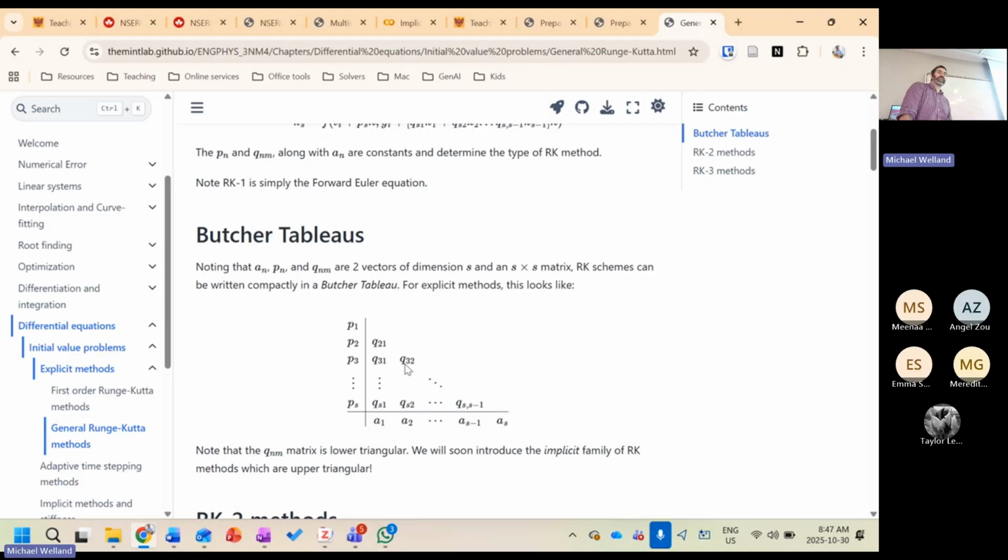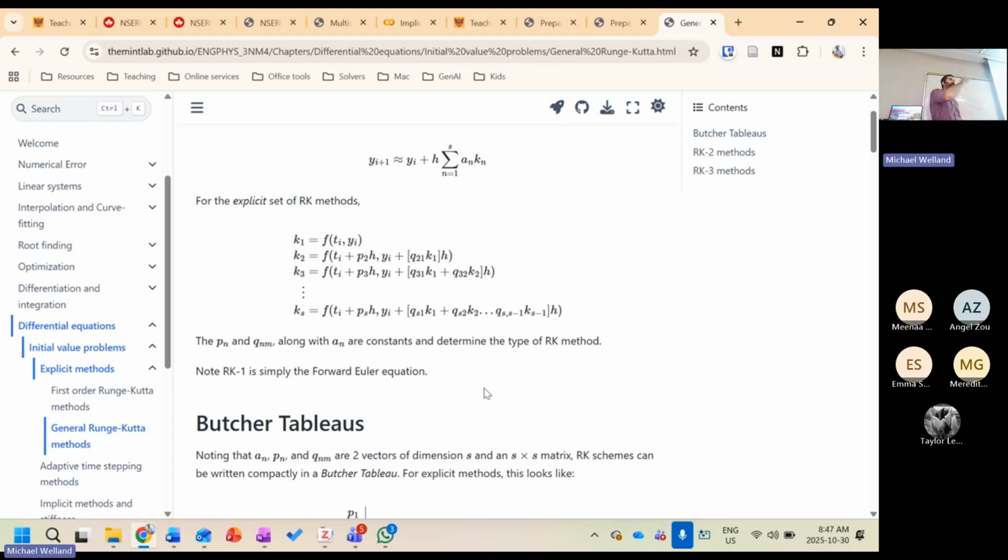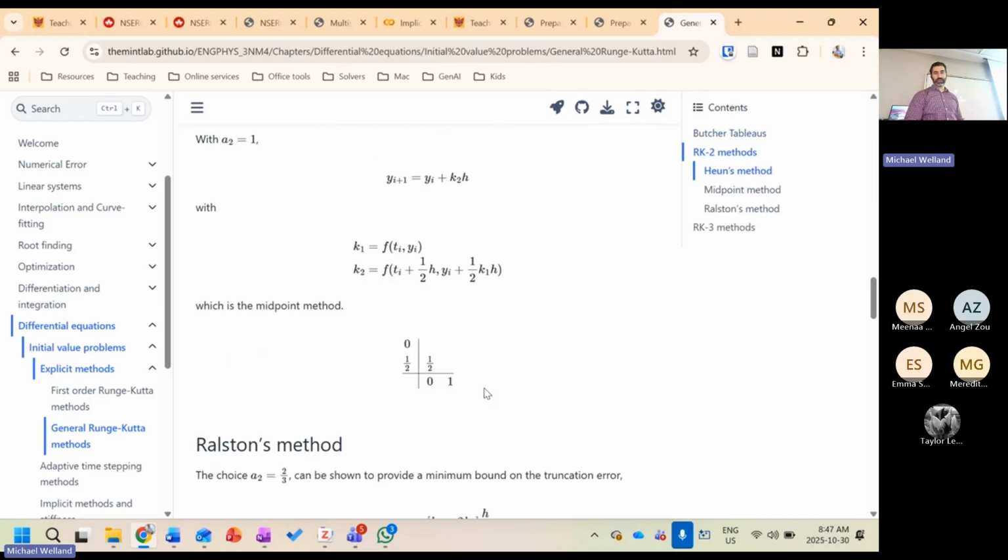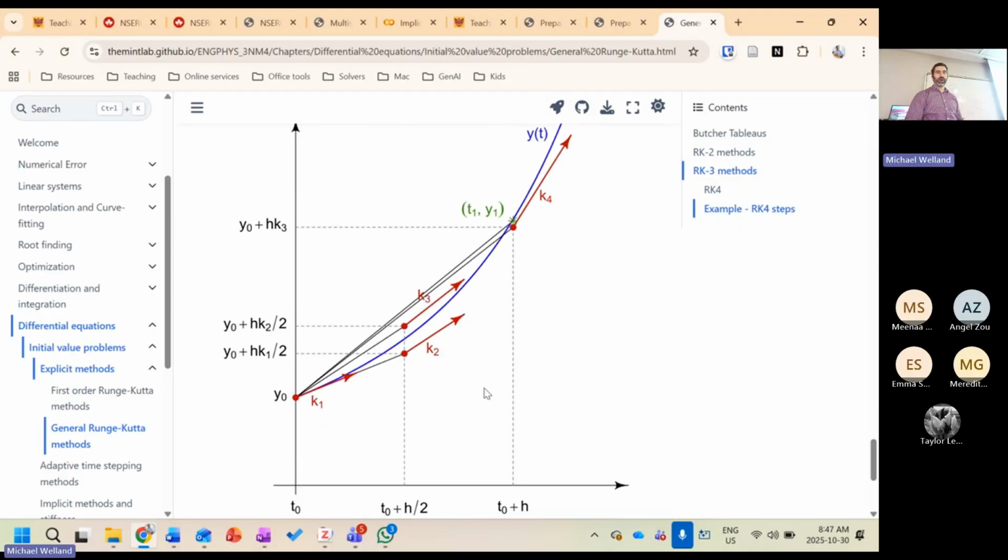The explicit family is a lower triangular matrix. That's the magic that I need to get to. And what that means is that the next step is only determined by the previous steps. The idea is that you take small steps forward based on your previous information, and you walk your way through the solution. So take a look at that, watch the video.